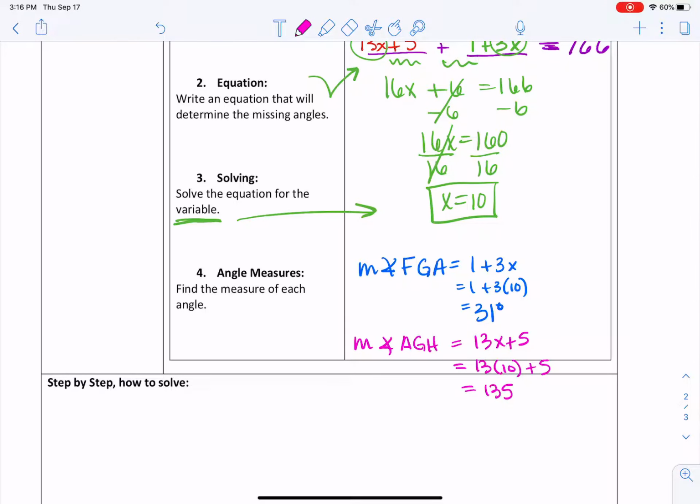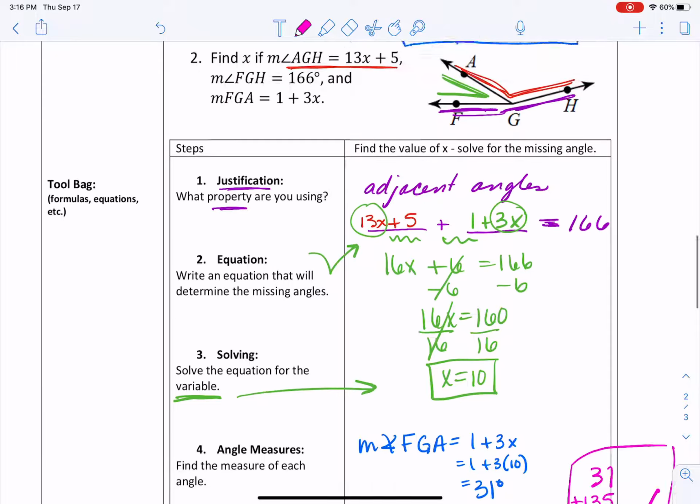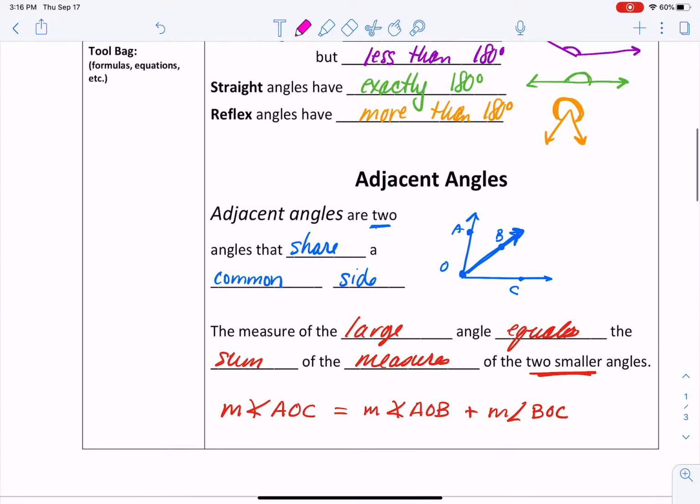And then if I add 31 plus 135 together, that's 166. And there is my final check. So adjacent angles are two angles that share a side. This is the common side. And the sum of the two smaller angles equals the greater angle.